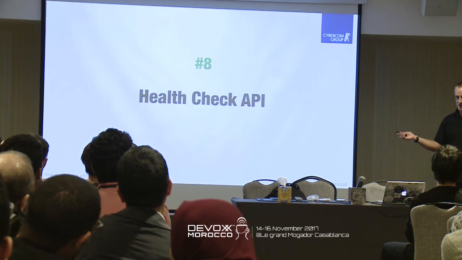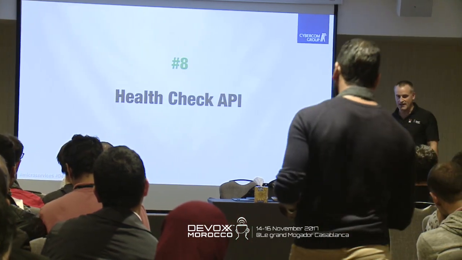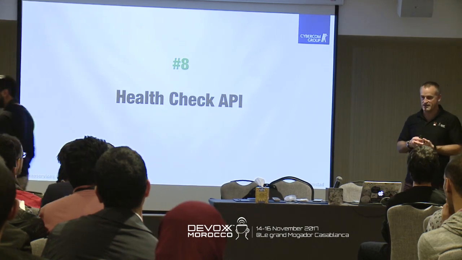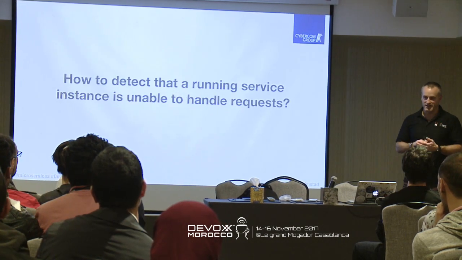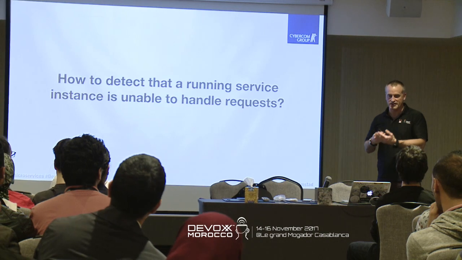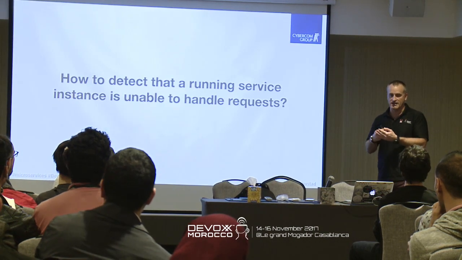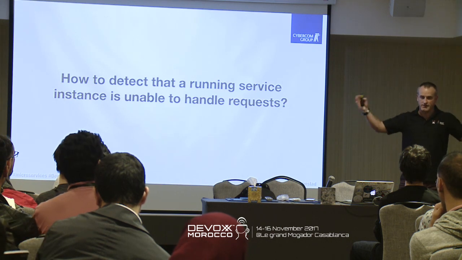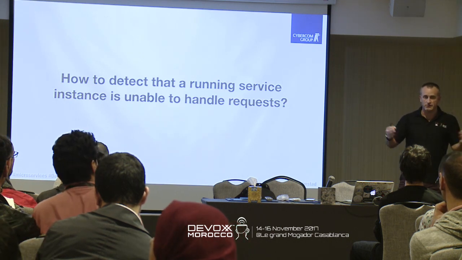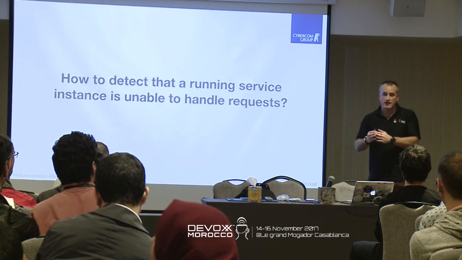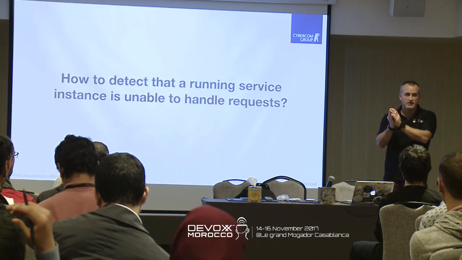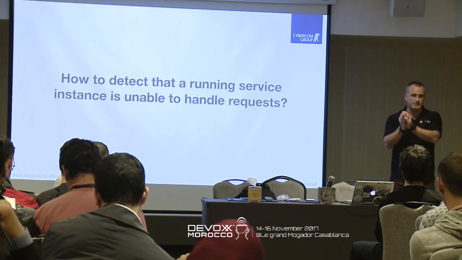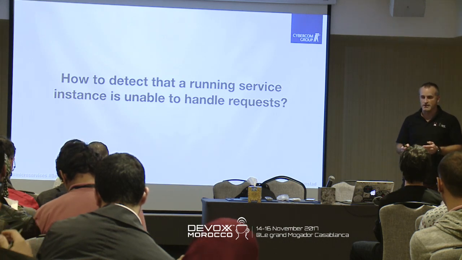What I will show you is the health check API, and together with this, I'll also demo the next pattern. The health check is how to detect that the running service is unable to handle requests. If you have some kind of orchestration framework around, for example Kubernetes, or you're using Snoopy or Eureka, you want to have a health endpoint, so the discovery mechanism or the registries can know that this service is up and running and able to handle requests.